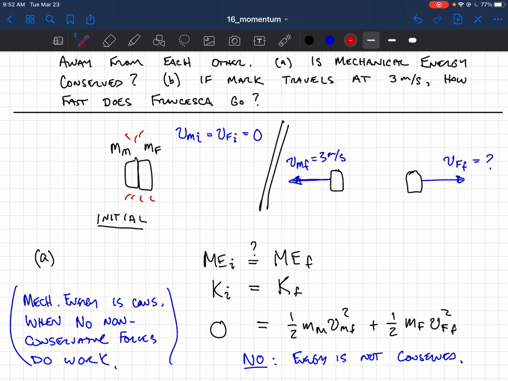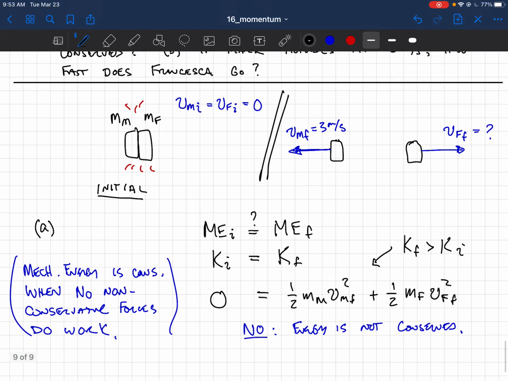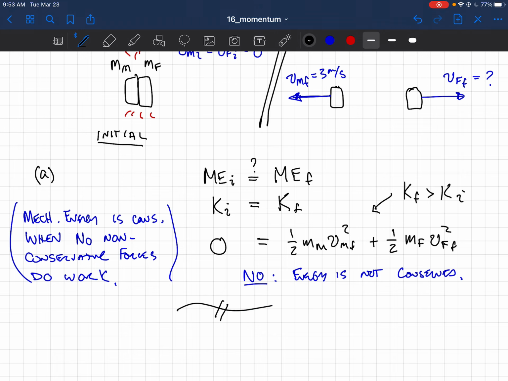Well, those two people are putting some energy into it. They ate some food in the morning. That gave their body some energy that allowed their muscles to do work, and that energy was input. So here we have kinetic final greater than kinetic initial, just like we had in the previous one, although I didn't mean that to happen in the previous one.